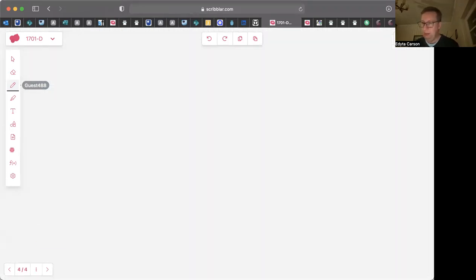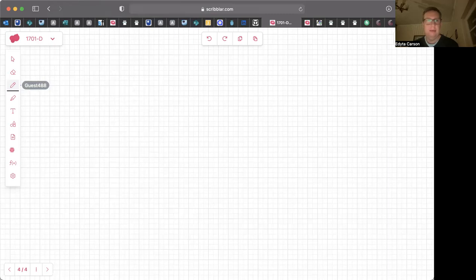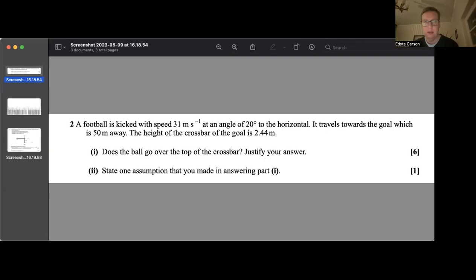Cool. Let's have a look at the second example, which I'll just share now. There we go. So this is where I need to use trigonometry. A football is kicked with speed 31 meters per second at an angle 20 degrees to the horizontal.